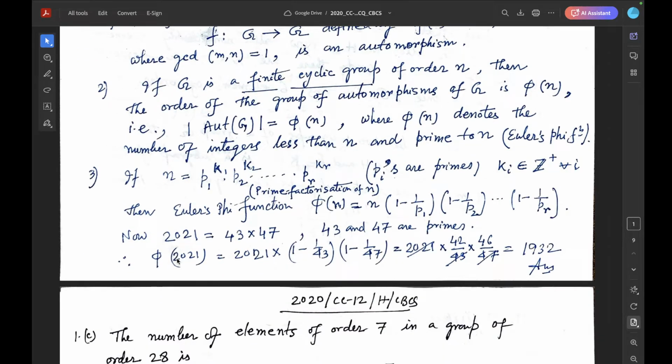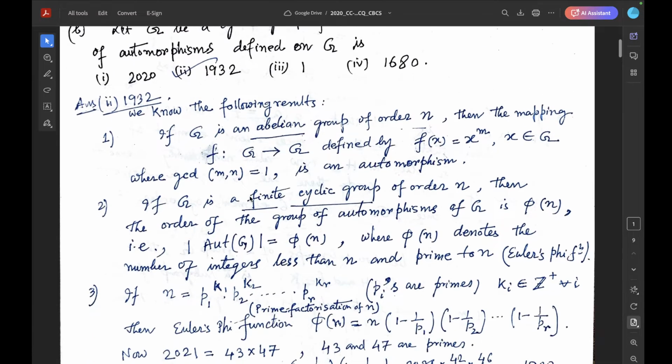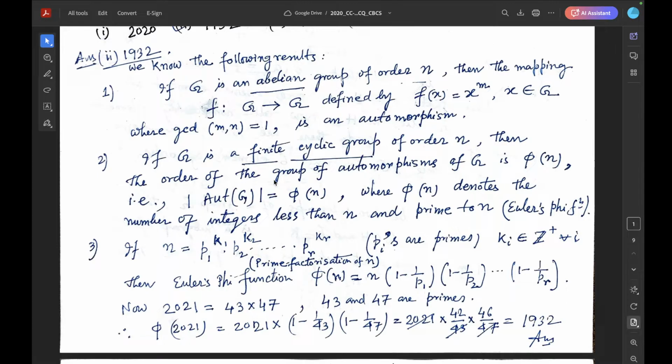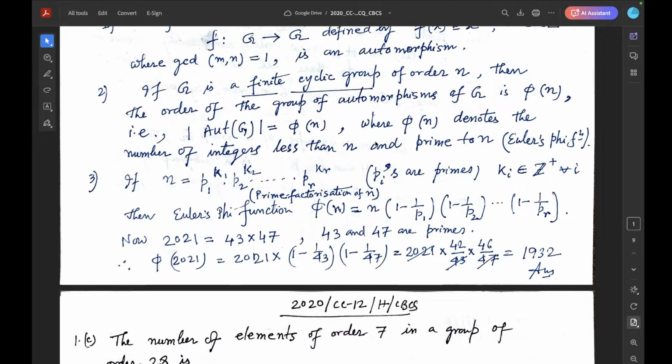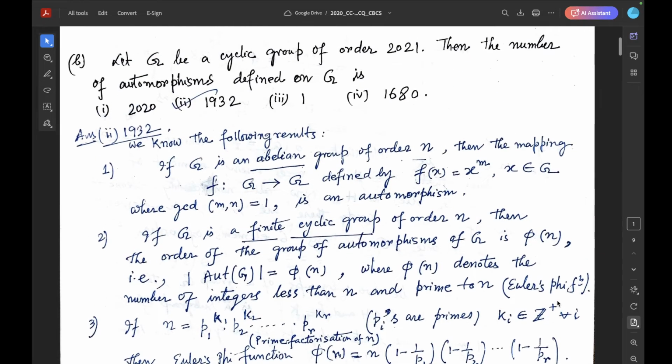So phi 2021 equal to 2021 into bracket 1 minus 1 by 43 into bracket 1 minus 1 by 47 equal to 1932. So the number of group automorphisms is phi 2021 equal to 1932. Hence the correct option is 2.